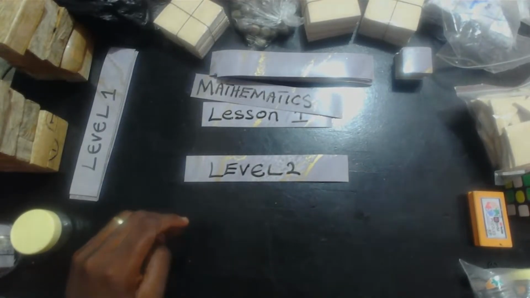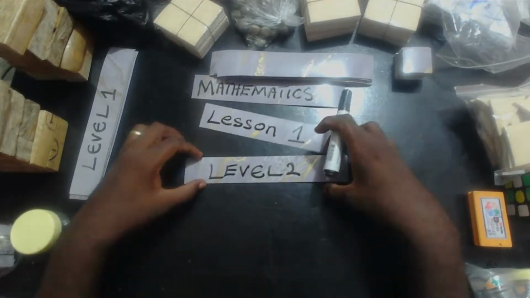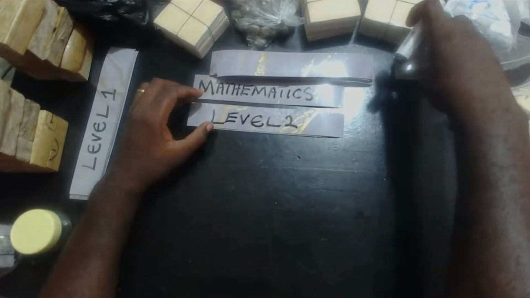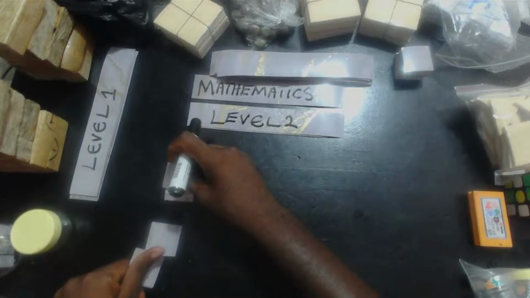We're supposed to complete the table by writing closed or not closed for each operation on whole numbers. So what are the operations that we can have on whole numbers? Well, four main operations.